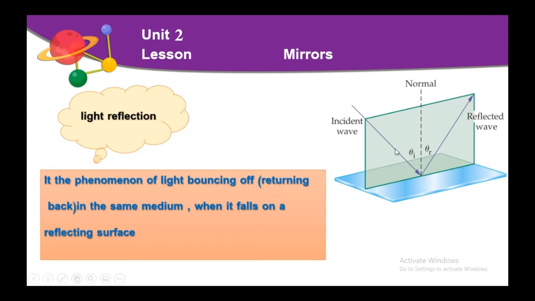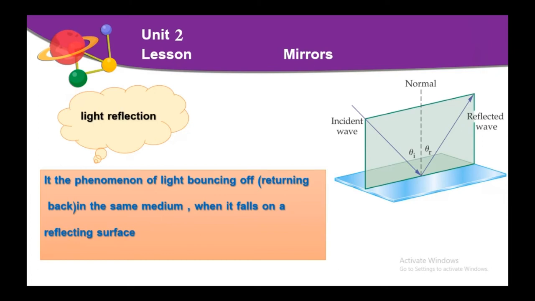It will return back as it appears in the figure. This straight line represents the incident light ray. This straight line or ray represents the reflected ray.